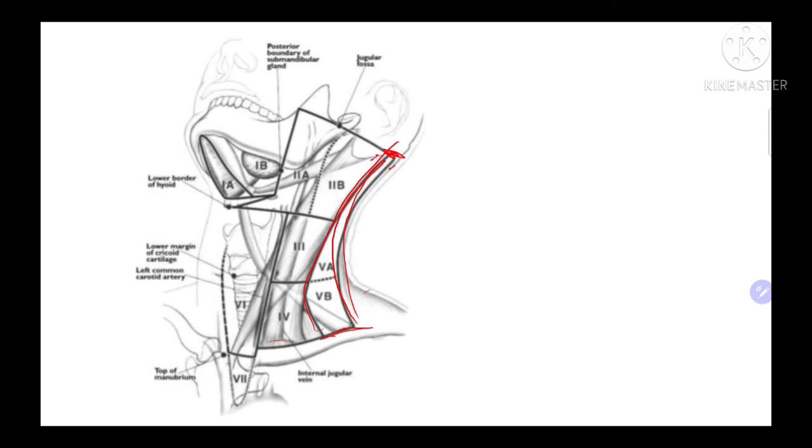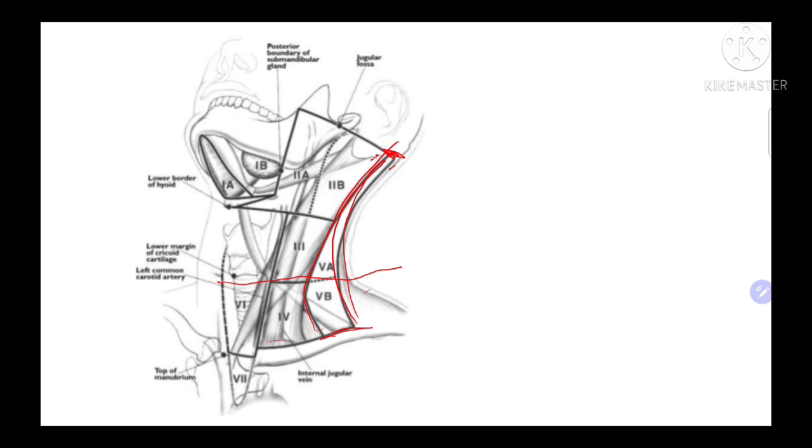We have sublevel 5A, the superior half, superior to the inferior border of the cricoid cartilage. See here? Remember this line? This line also divides this posterior triangle in two. So this includes the spinal accessory nodes.